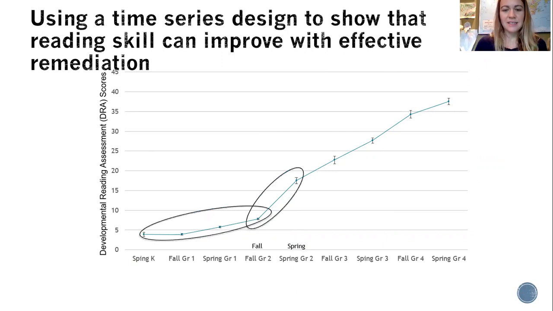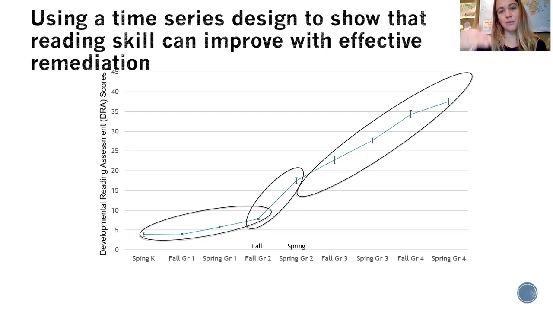This is the year that they received intervention. You can see that the slope of this line is much steeper. Their improvement in the year that they received intervention was a lot greater than before. And you can see also that this greater improvement continued even up until grade 5. So the slope of this line is greater than the slope of this line.